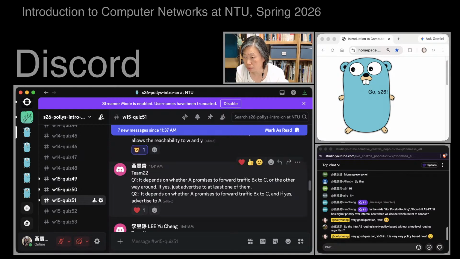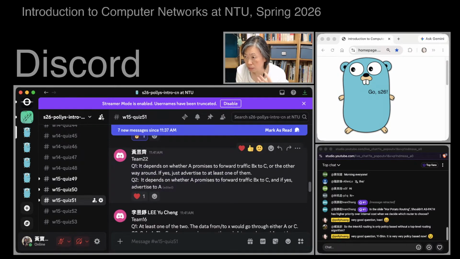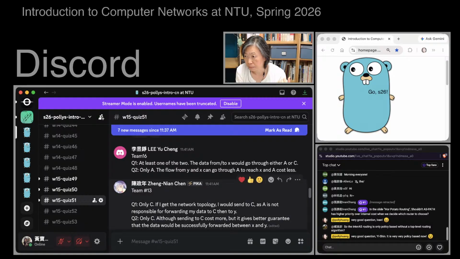I can see that many of you advertised to A, because A is cheaper. You already lowered the cost, the expenditure. Good reason to do that. This is the second exercise. You begin to see the complexity when the money factor comes into the picture.